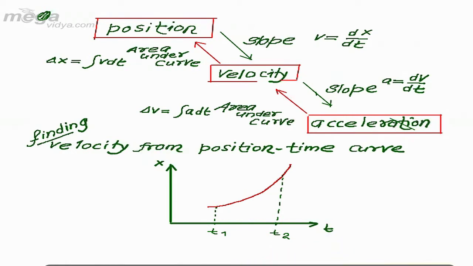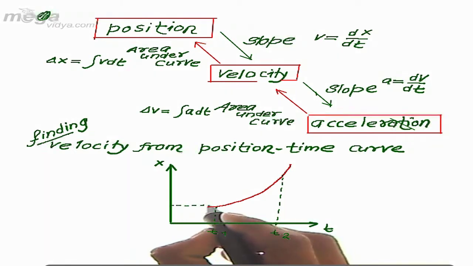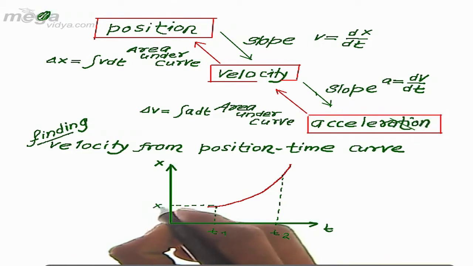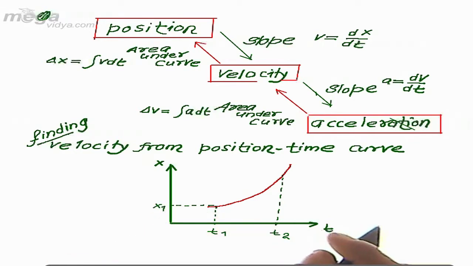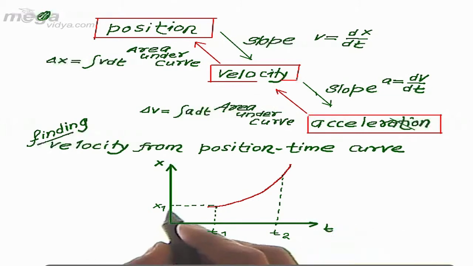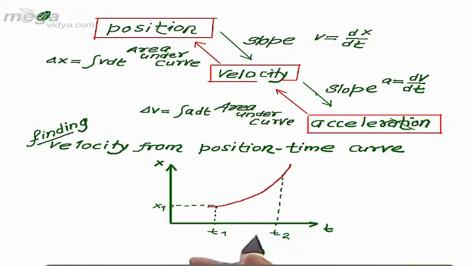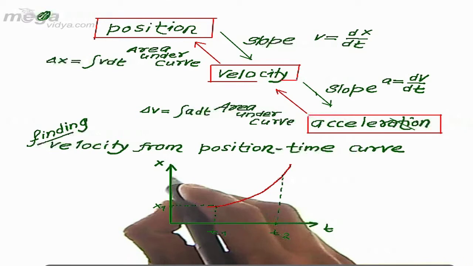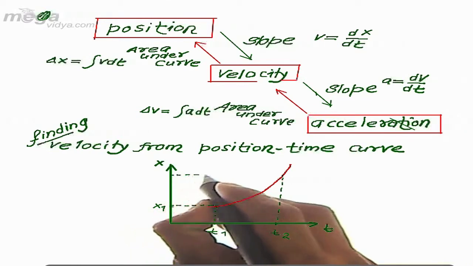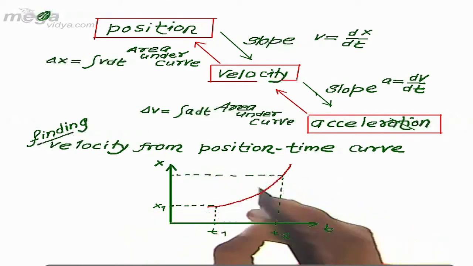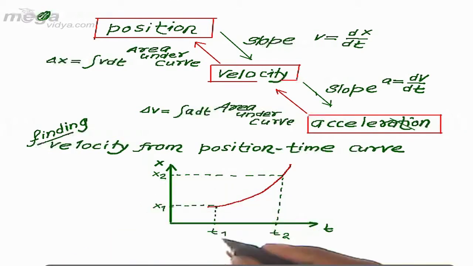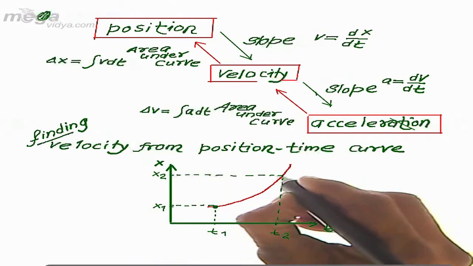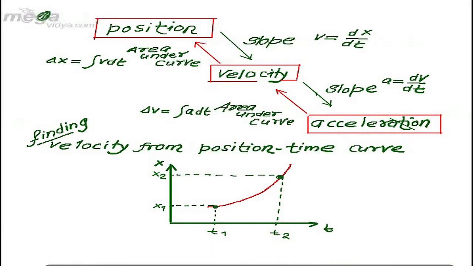If we talk about motion of the particle from time t1 till time t2, we can easily conclude from here that the position x1 of the particle at time t1 can be marked here, and for the time t2 we can conclude the position of the particle, say x2. Now we know the initial and final position of the particle.